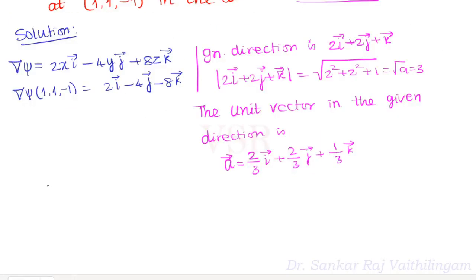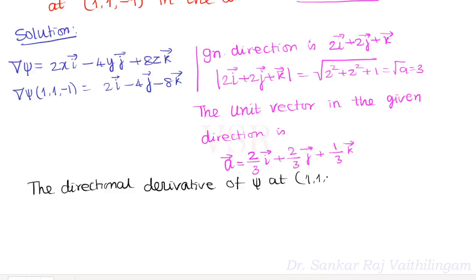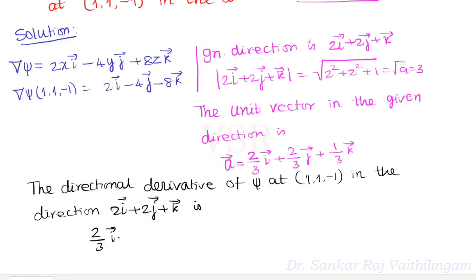Hence the directional derivative of psi at the point 1, 1, minus 1 in the direction 2i plus 2j plus k vectors is a vector dot, அப்போ a vector வந்தா 2 by 3 i vector plus 2 by 3 j vector plus 1 by 3 k vector dot product with del psi.